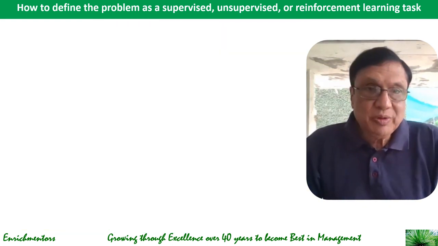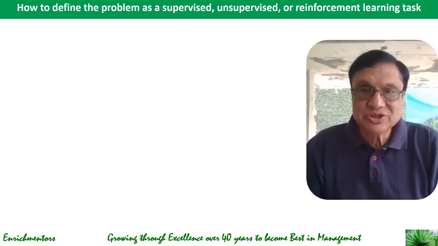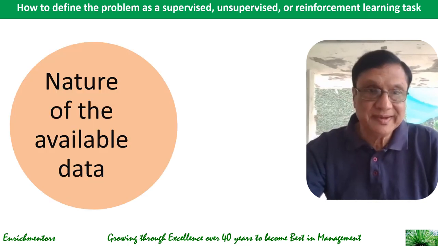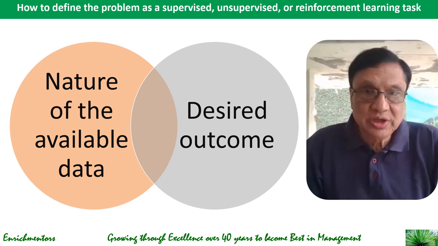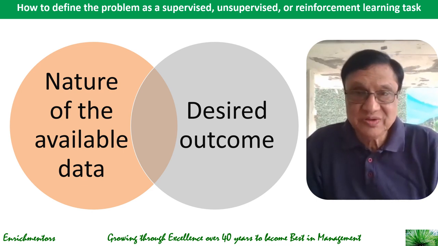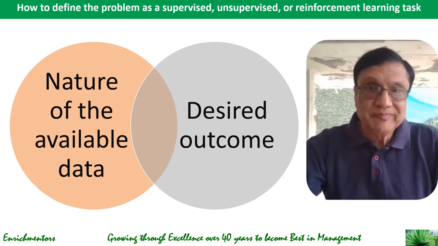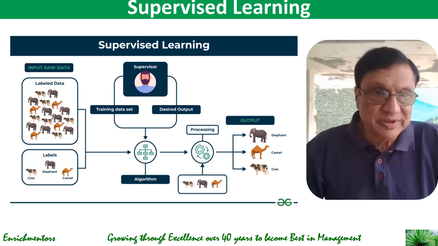Defining the problem as a supervised, unsupervised, or reinforcement learning task depends on two factors: the nature of available data and the desired outcome. Let's take a look at that. Let's see where supervised learning is appropriate.